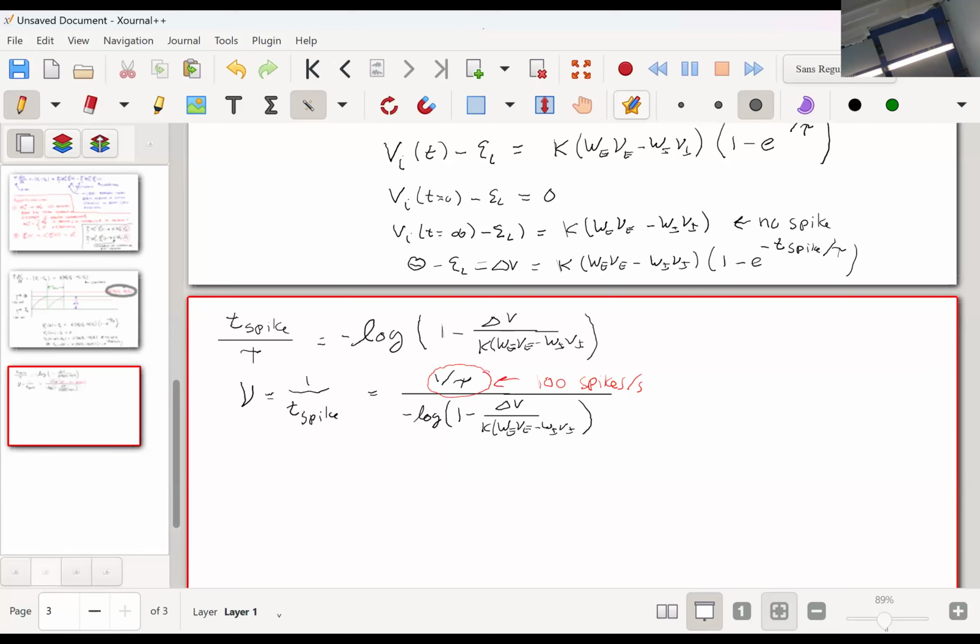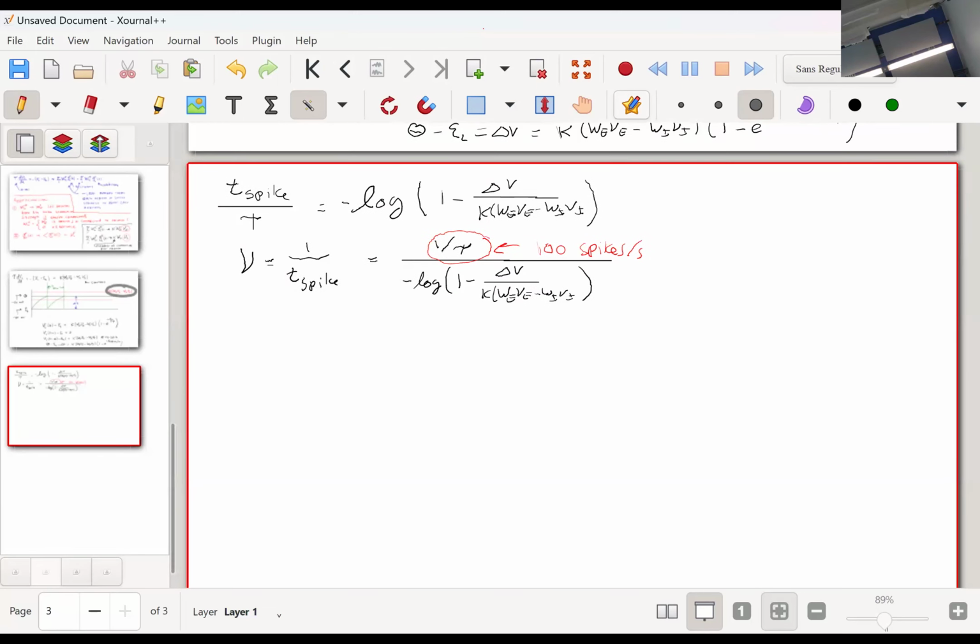Okay. So if we were to plot this, nu versus K W_E nu_E minus W_I nu_I. Okay. So below, if that's below delta V, it doesn't fire.